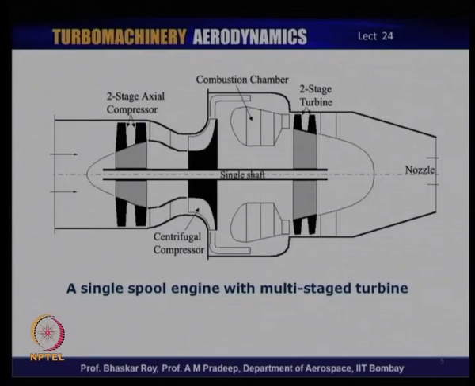So, this is a configuration that is used in certain kinds of engines, notably in the turboshaft engines, which do have a multi-stage arrangement of turbines, but they could possibly be on a single shaft.